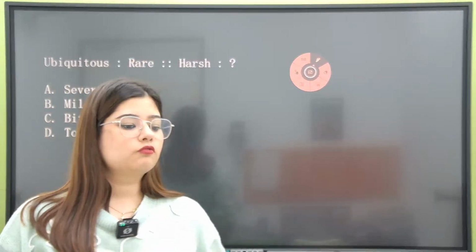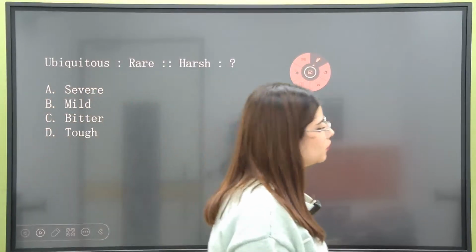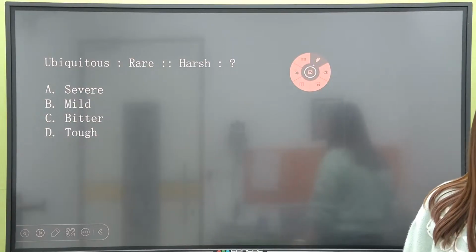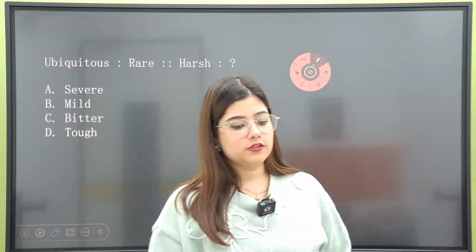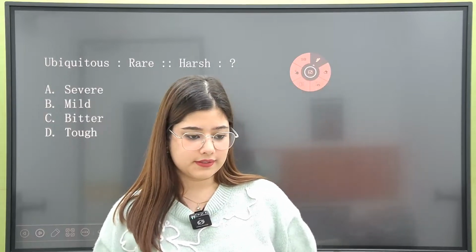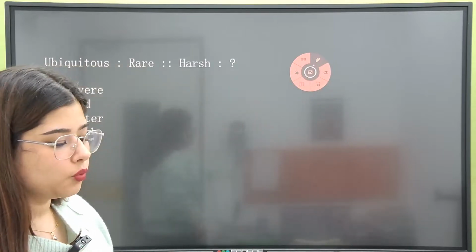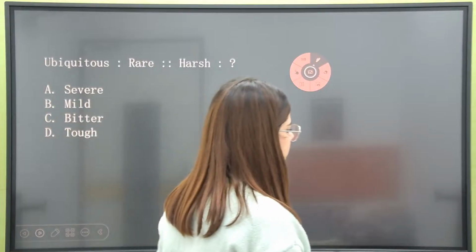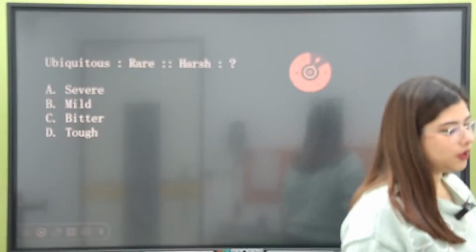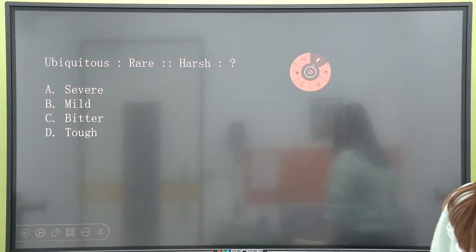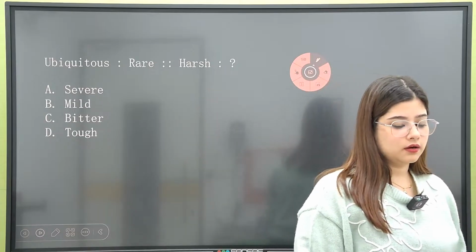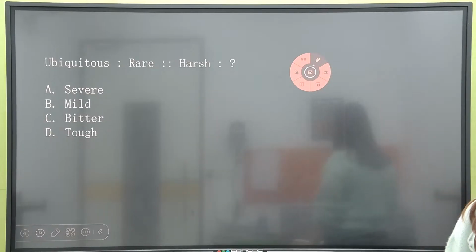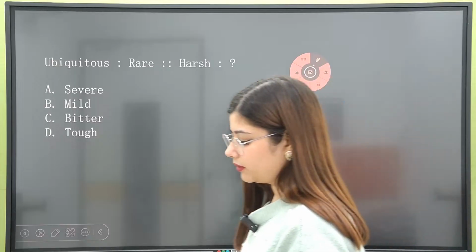Again, vocabulary based analogies, synonyms, antonyms, you won't be able to answer them correctly until and unless you know the meaning of the words that are given in the question. You won't be able to establish whether the words are synonymous to each other or what kind of relationship they share basically. So it's very important, even in analogy based questions, vocabulary plays a very, very important part.